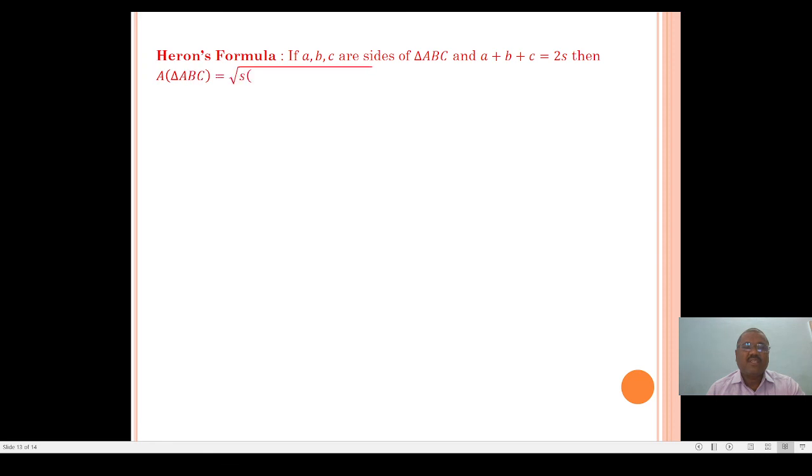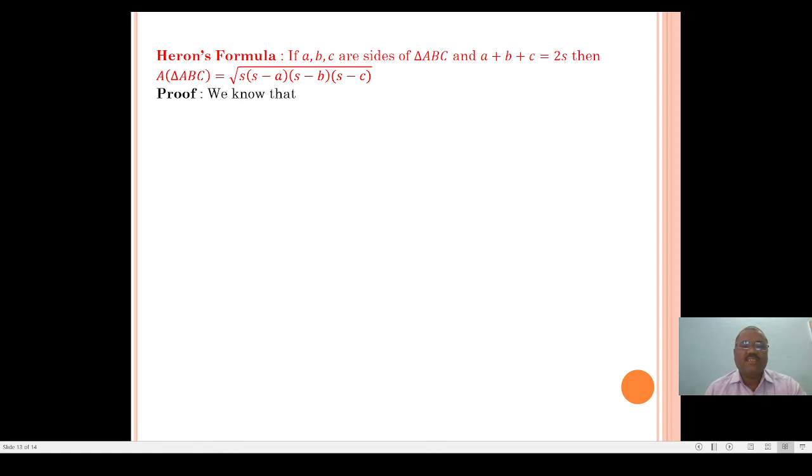Now next, Hero's formula. If a, b, c are sides of triangle ABC and a plus b plus c equals twice s, then prove that area of triangle ABC equals root of s into (s minus a) into (s minus b) into (s minus c).